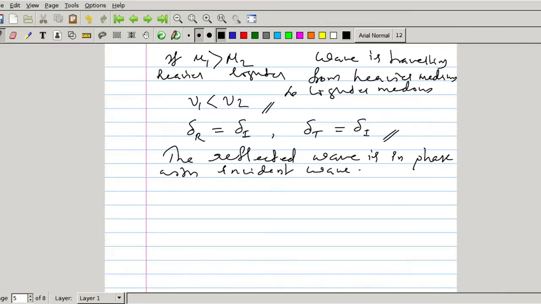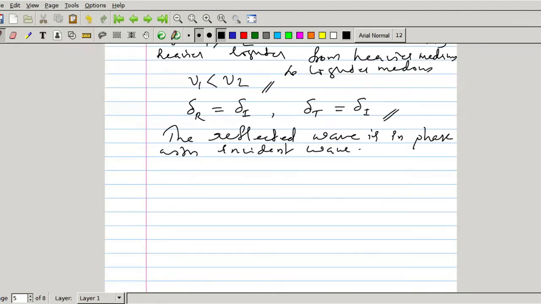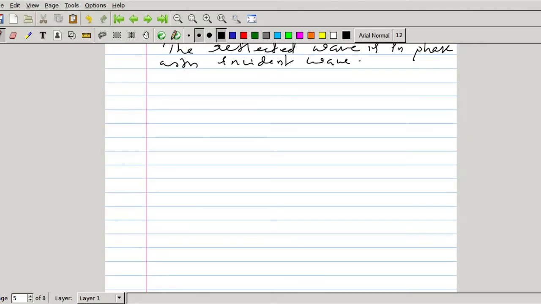When an electromagnetic wave is traveling from a rarer medium to a denser medium, the reflected wave will have a phase difference of 180 degrees with respect to the incident wave. And when the electromagnetic wave is traveling from a denser medium to a rarer medium, then there is no change in phase of the reflected wave. The same thing happens for electromagnetic waves, which we will discuss in the next class.